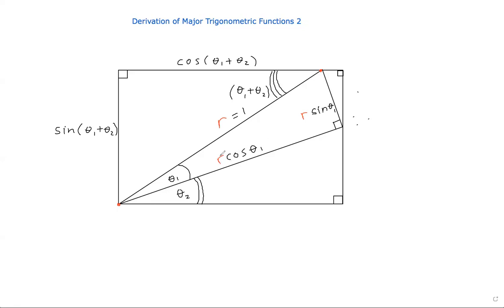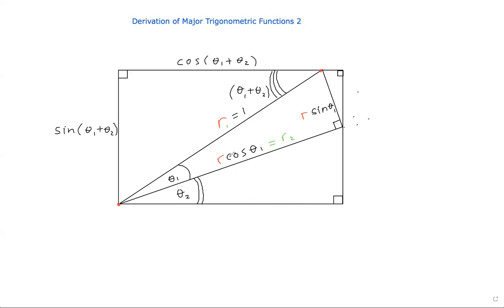Also notice that the length of the base of this triangle here is the hypotenuse of this triangle here. So we could say that if this is R of 1, then this is equal to R of 2.